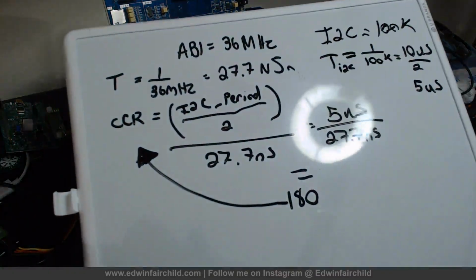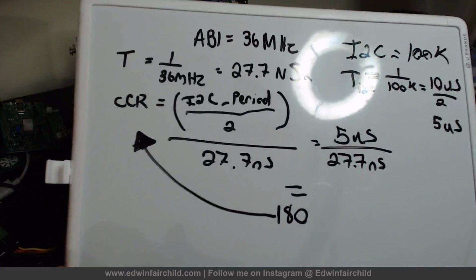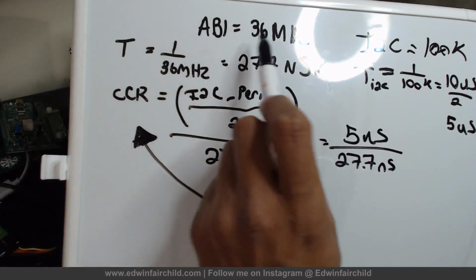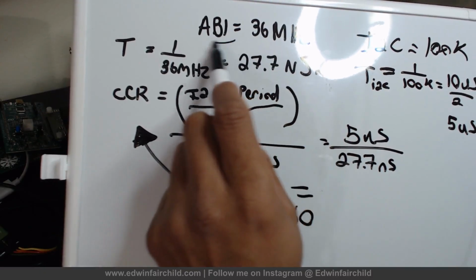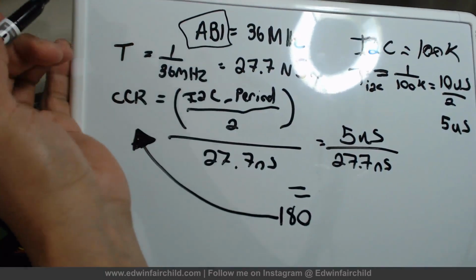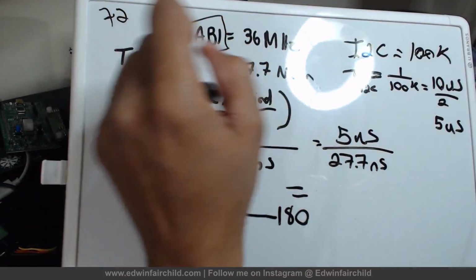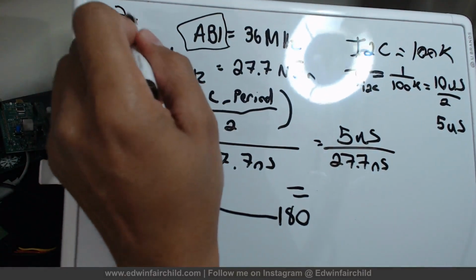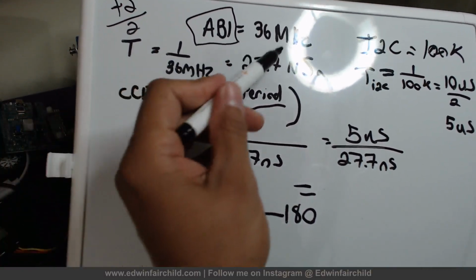I hope this makes sense, and I'm going to explain it one more time just for clarity's sake. You first find the speed that your APB1 bus is running at, and if you're running your microcontroller at 72 megahertz, then the APB1 is half of that, so 36 megahertz. Then you're going to find the period of that.